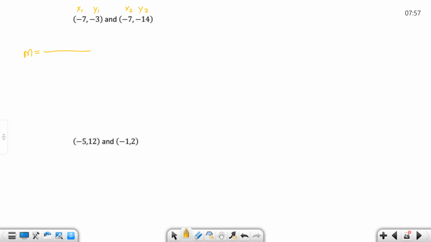All right. So y2 minus y1 over x2 minus x1. And then my slope is y2, which is negative 14, minus a negative 3 is plus 3, over negative 7 minus a negative 7 is plus 7. And that's going to be negative 11 over 0. What?